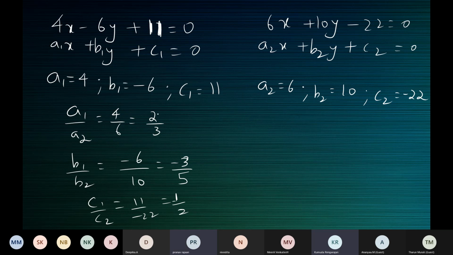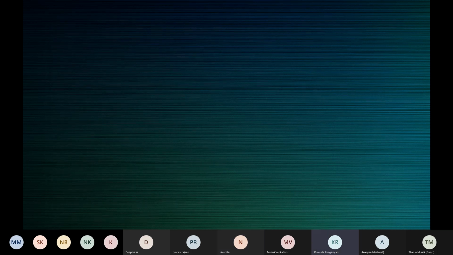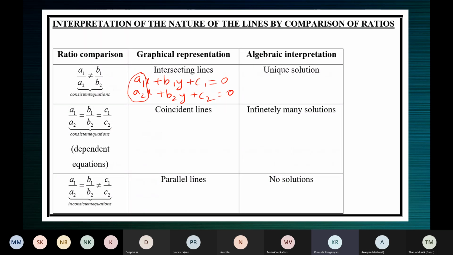Children, now we have the ratios A1 by A2, B1 by B2, C1 by C2. Now, I'm just trying to explain the heading. Interpretation means you are interpreting the nature of the lines by comparison of ratios.